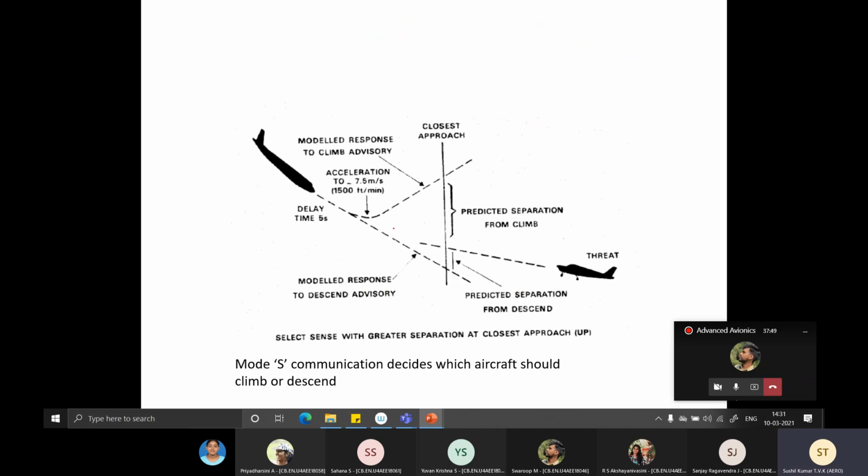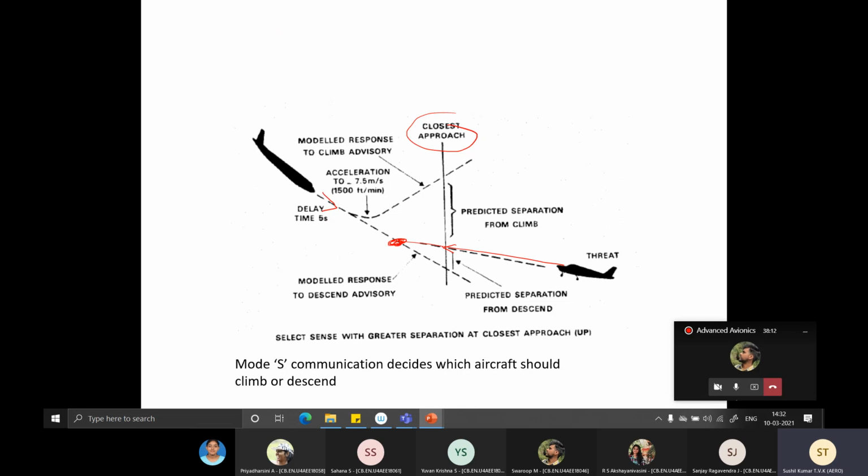So what's going to happen is, suppose there is a slow-moving aircraft flying, and your aircraft is climbing down, and this one is climbing up. At this particular point, somewhere here they must have collided.